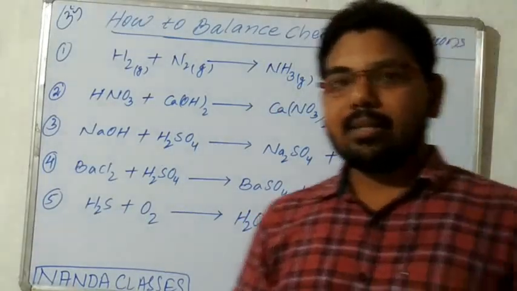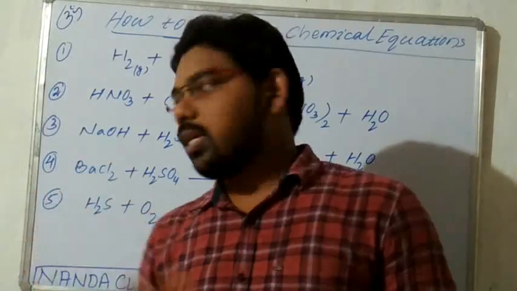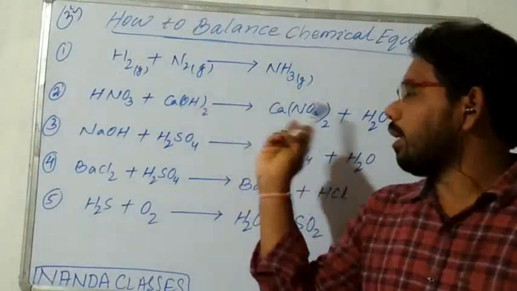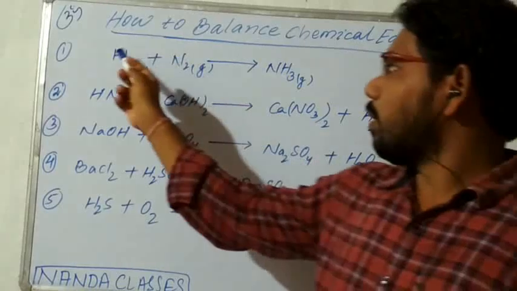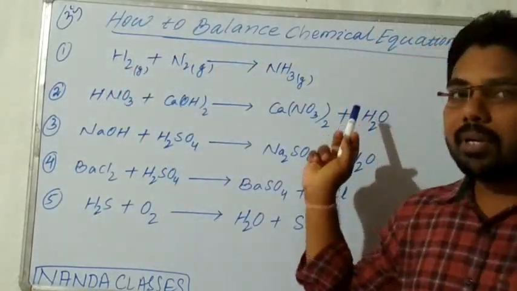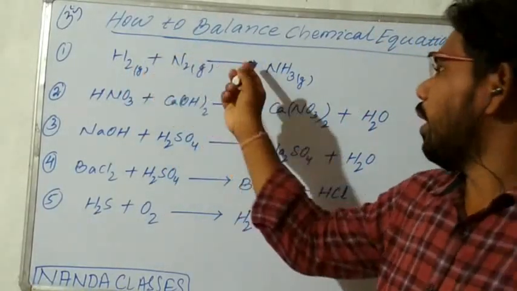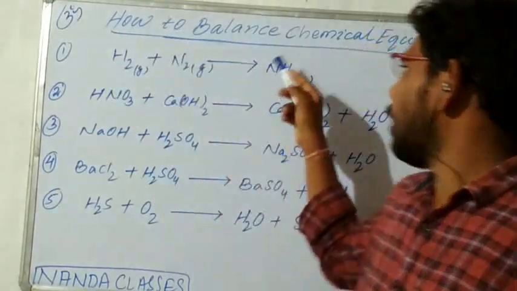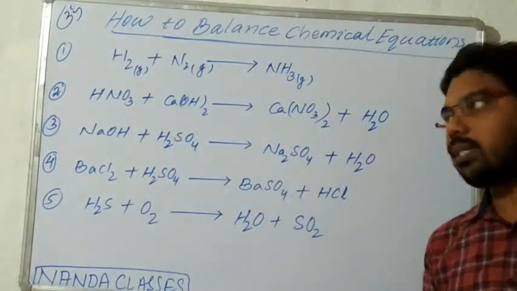Balance means both sides are equal. Every chemical reaction has two sides: one is the reactant side and one is the product side. The left hand side of the arrow is called the reactants and the right hand side of the arrow is called the products.